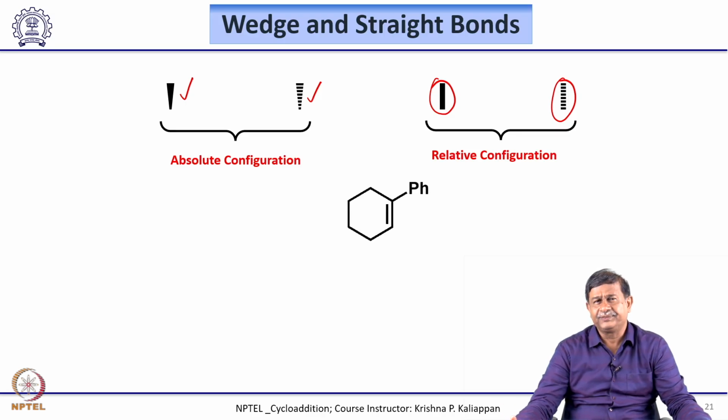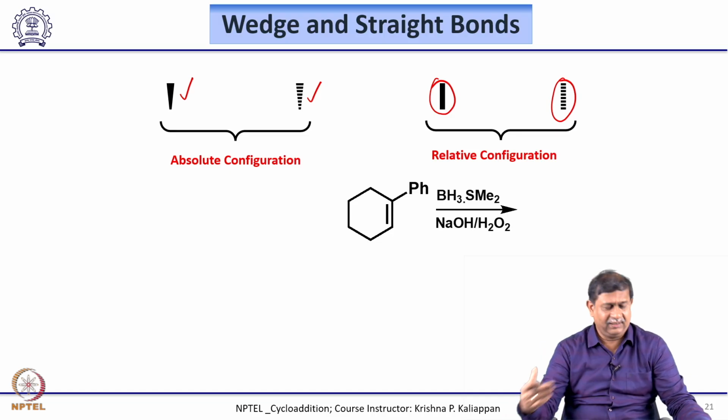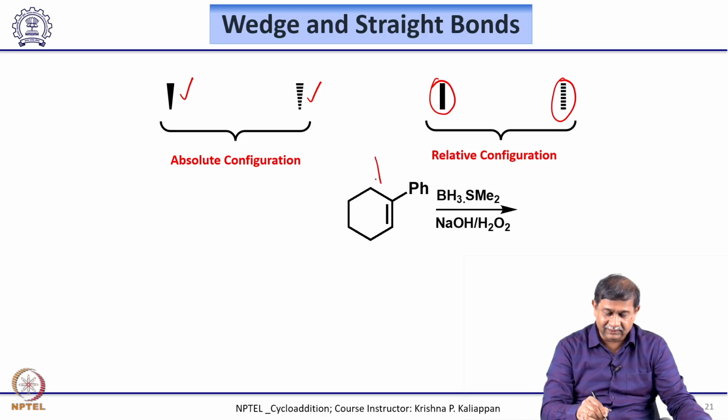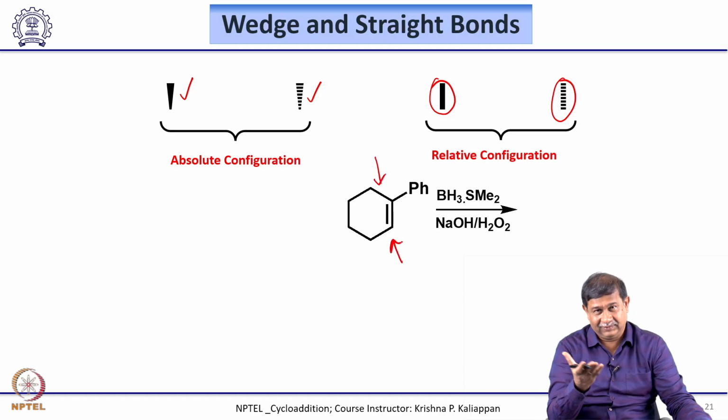For example, you take one phenyl cyclohexene and then do a hydroboration oxidation. As you know, hydroboration oxidation is addition of water in an anti-Markovnikov fashion. That means the hydrogen and OH can come either from the top or from the bottom, keeping the double bond in the plane.